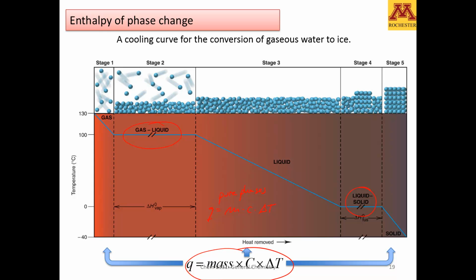So you can only apply this equation when you have either pure liquid, during this phase, or you can apply it when it's gas, or when it's solid. You will not apply this equation during phase change. For that we will need to use just the enthalpy of vaporization or enthalpy of fusion.